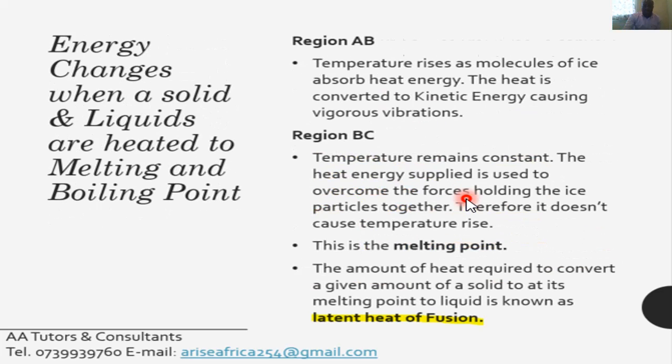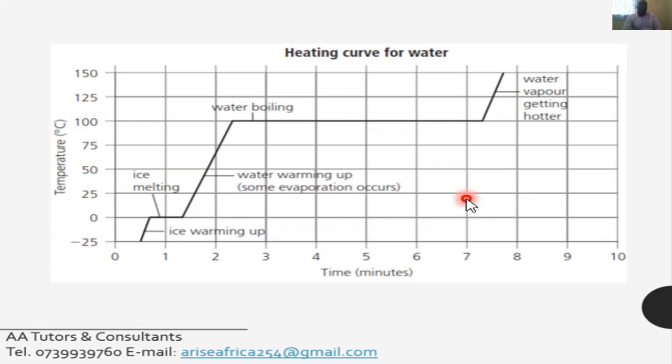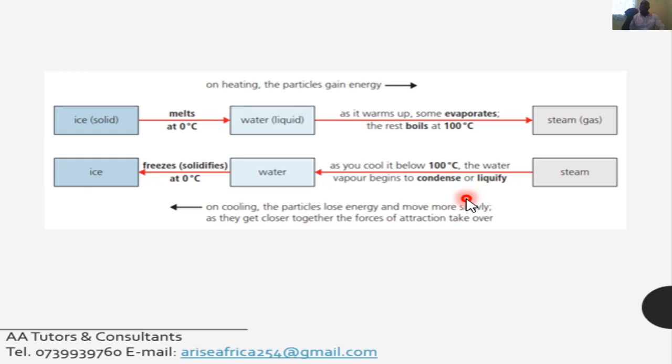In conclusion, I want us to look at these physical processes. These are things that we've done all along in science, all the way from primary school. When ice or a solid changes to liquid, that process is known as melting. For ice, that melting takes place at 0 degrees Celsius. Water to steam, or liquid to gas, we also continue heating.